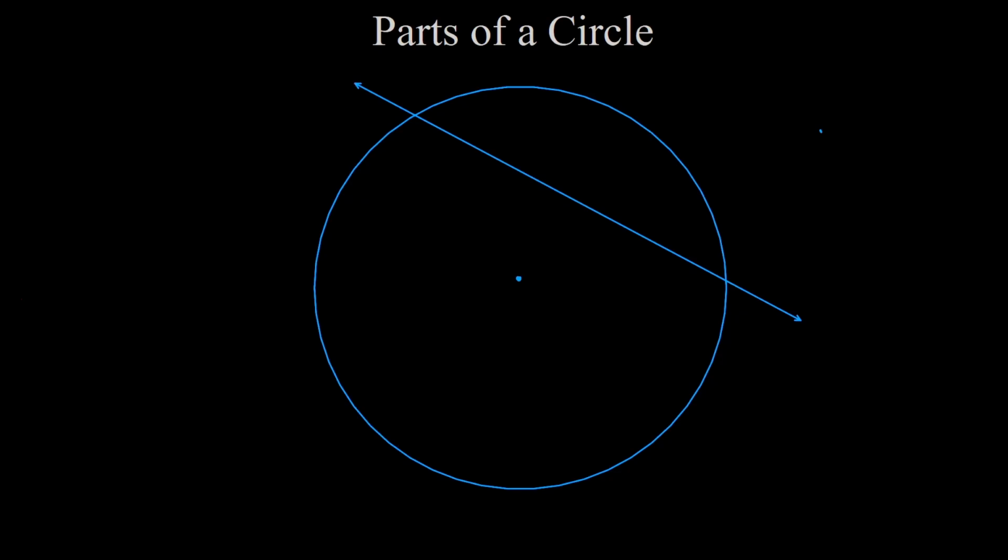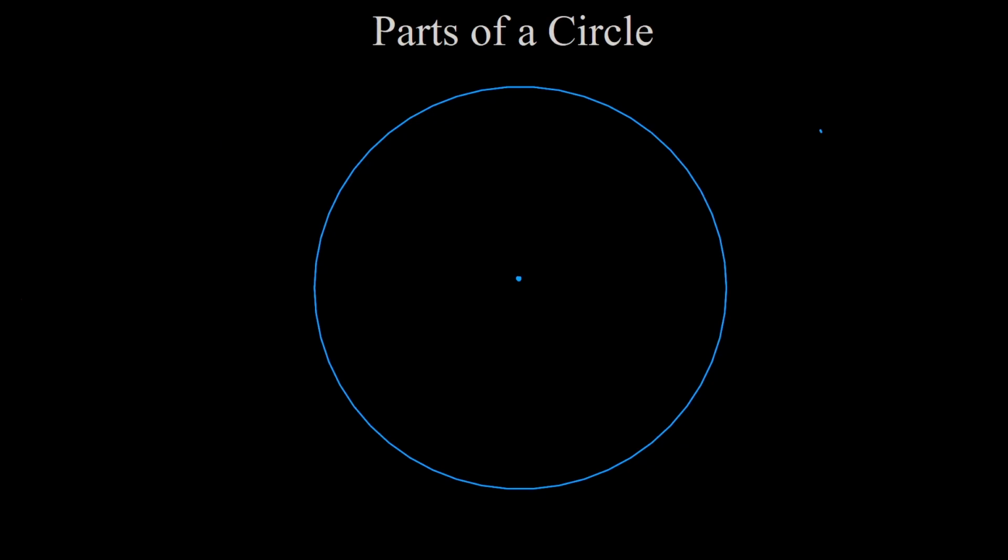Remember, a chord stops at the circumference, but a secant continues on through the circumference infinitely in both directions. If you have a line that continues on in both directions and intersects the circle at exactly one point, that is called a tangent.